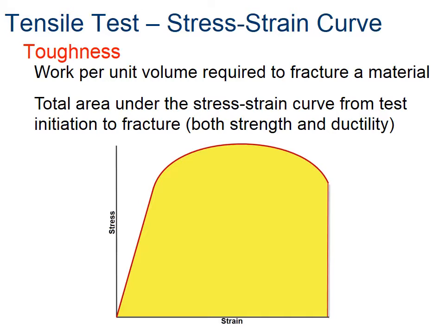We're not going to do any problems with this in class, but if we were to calculate it, you'd probably break this up into parts: a triangle, some sort of rectangle, and then some sort of semicircle, where you would estimate the volumes. It's an estimate. If you know what the curve is, you could fit that mathematically and come up with a more exact number. But toughness is the work per unit volume.